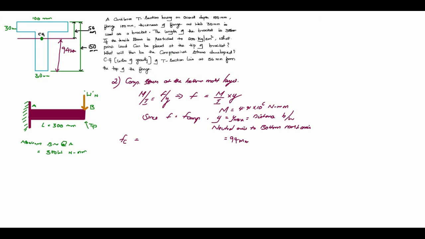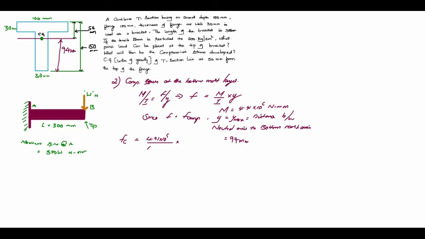So now put the values: 4.91 into 10 to the power of 6 into 94, divided by I. What is the value of I?